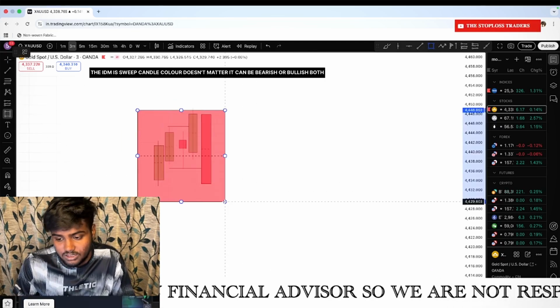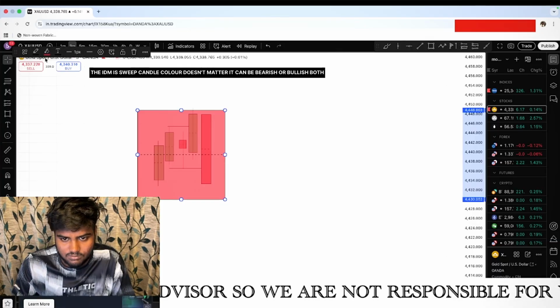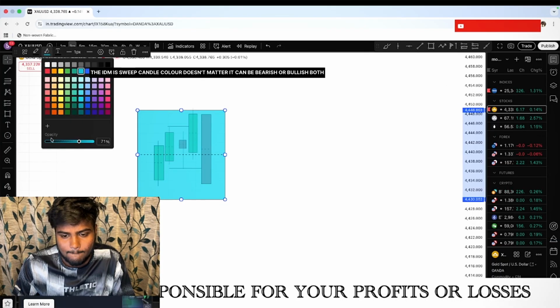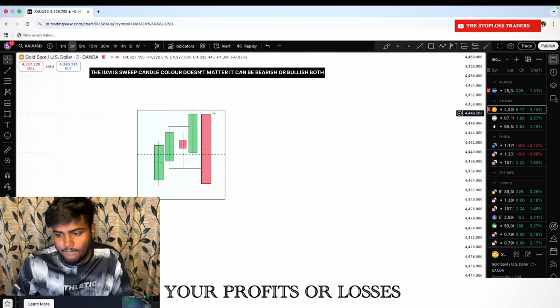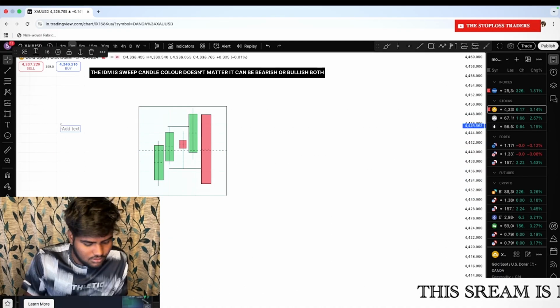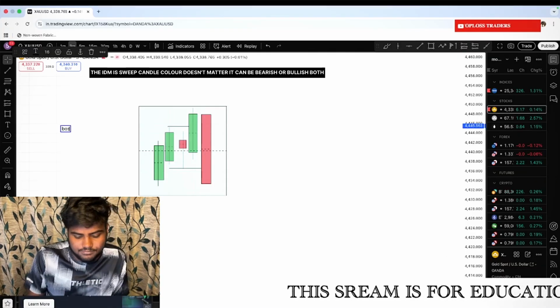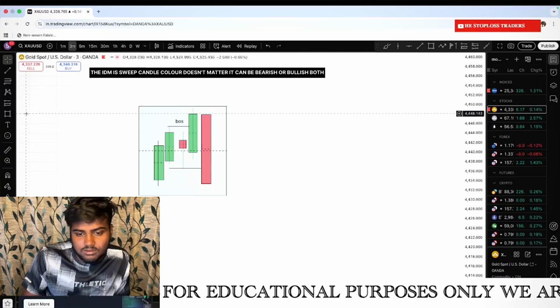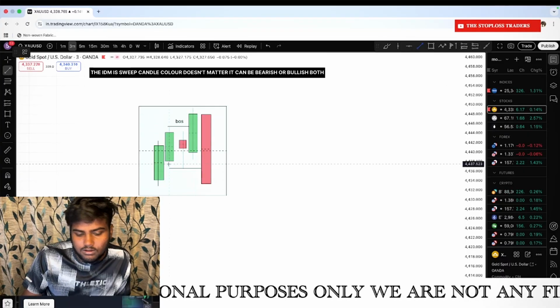Wait a second, let me do it in a frame which will look nice. What I am telling you here: this was the break of structure. This line is the liquidity inducement line, IDM.